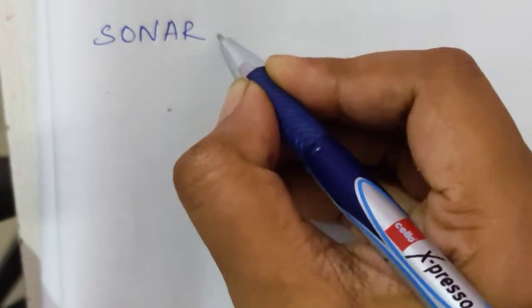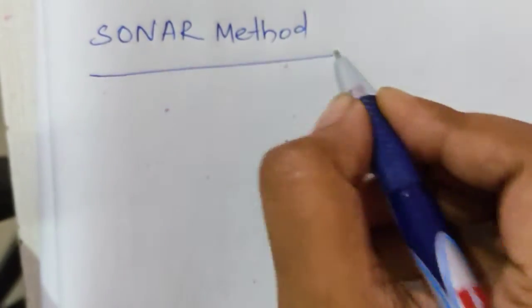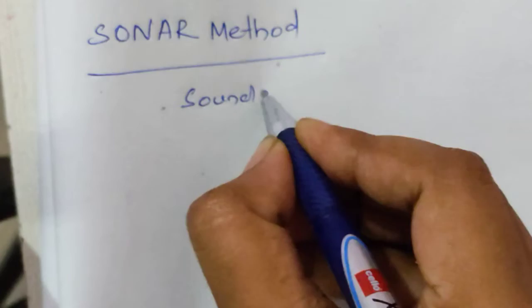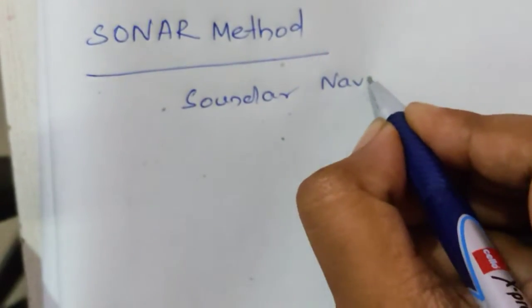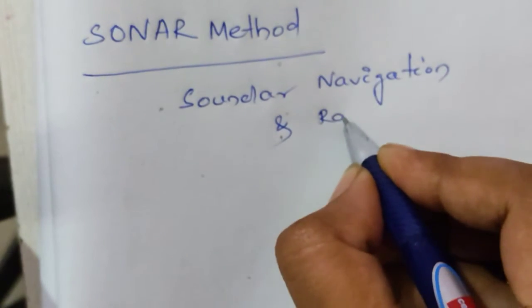Sonar is basically sound navigation and ranging. Radar is radio detection and ranging. Sonar is sound navigation and ranging. Okay.